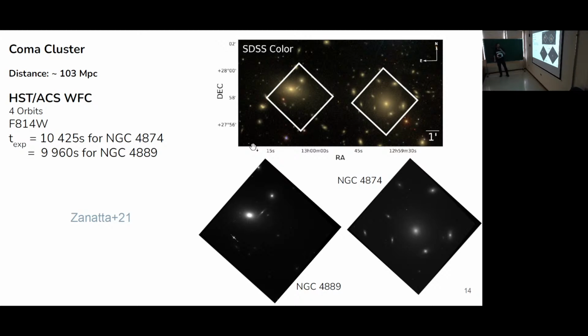First, the Coma cluster: I already explained more or less why, but also because we had access to very deep HST data, deeper than the data from den Brok, so we were able to go a bit further than the earlier work. It was centered on two fields around the two BCGs of the Coma cluster.